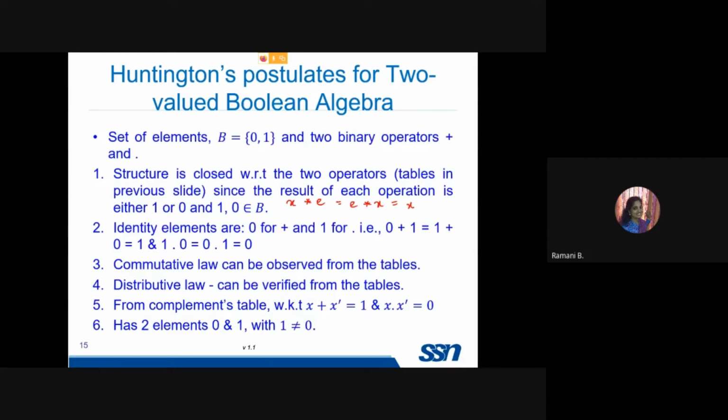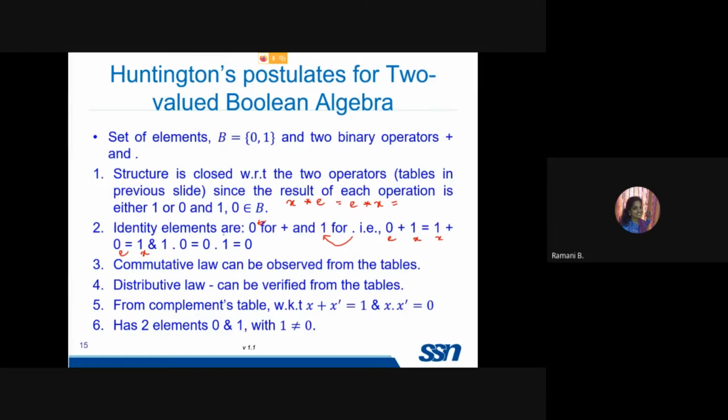Here in the case of the plus operator, the identity element is 0, and for the dot operator the identity element is 1. So for 0 plus 1, this is my e, this is my x, with the plus operator, and we get the resultant to be x.